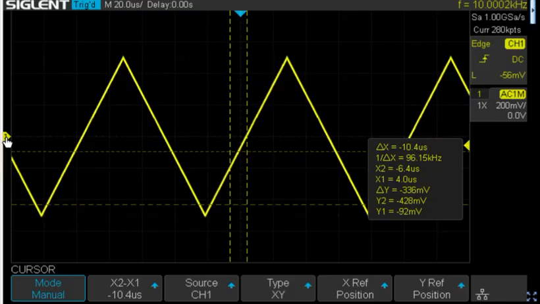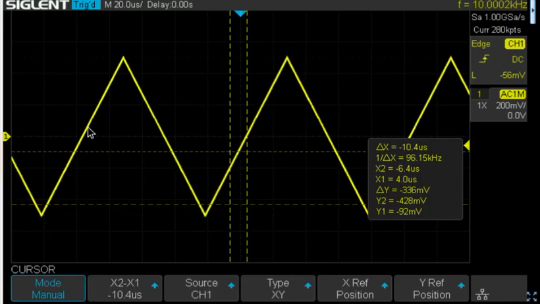So this is the absolute position of cursor 2 and cursor 1 where they're currently sitting, and likewise Y2 and Y1. X is horizontal, so that's time, and Y is vertical, so that's voltage. It's relative to that line in the center.